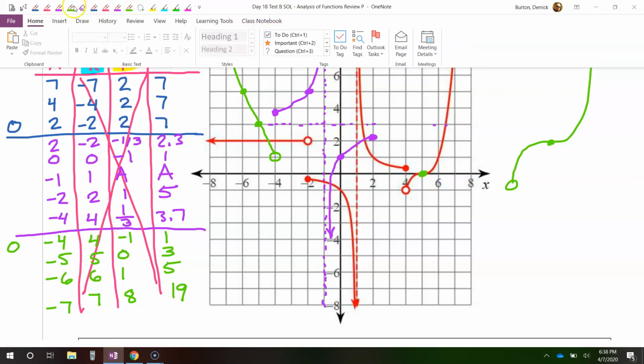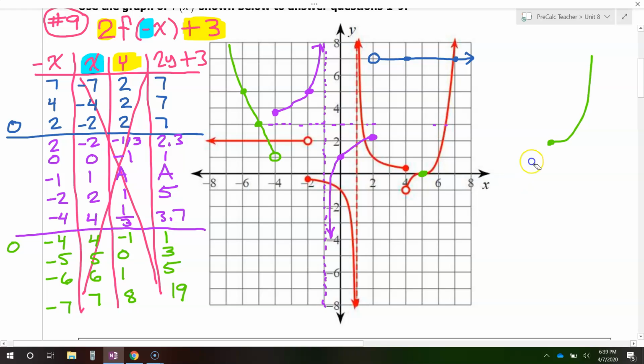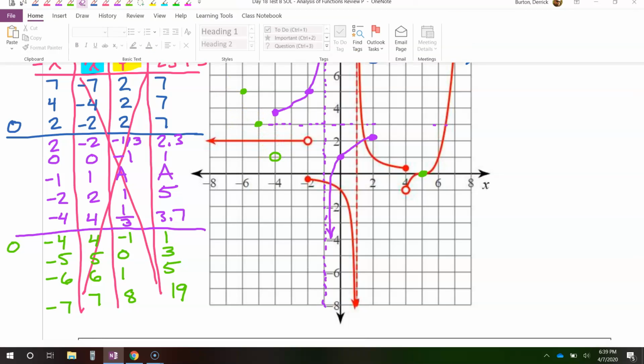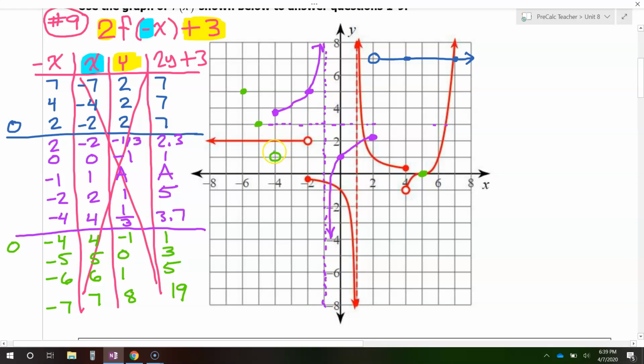That's what we're going to be doing right here, only it's reflected the other way. So we're going to do a concave down and then concave up. It should be curving something like this. And then it will curve up like this.